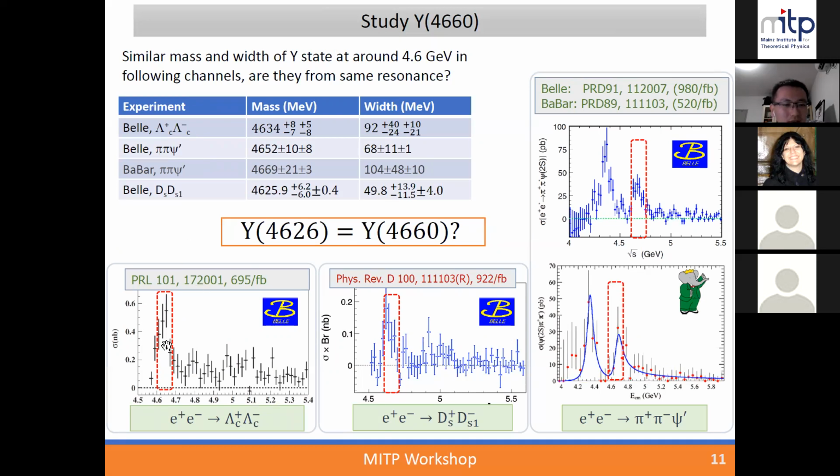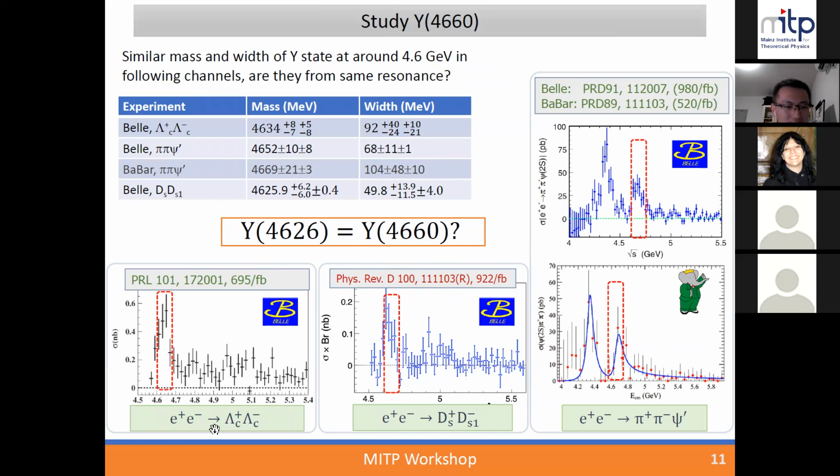The mass is around 4.6 GeV, and the widths are, how to say, around 100 MeV. I put the cross-section distributions in this slide.